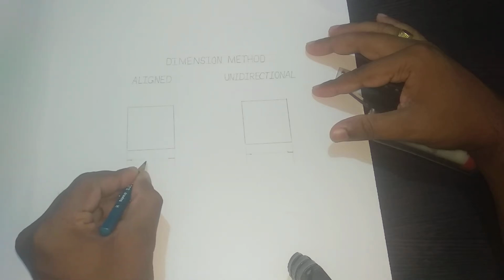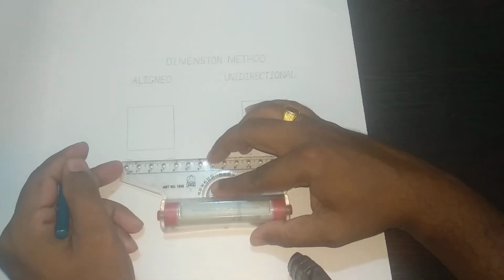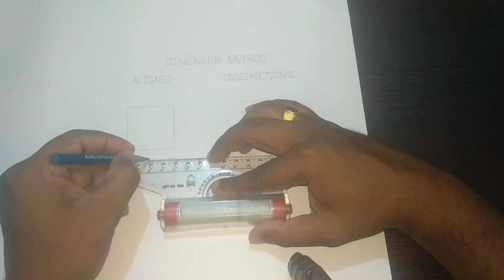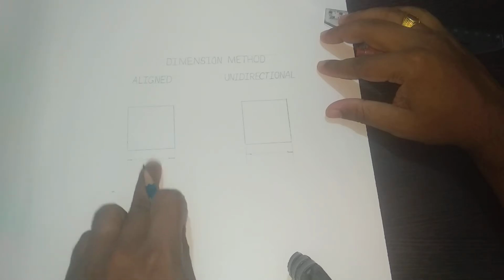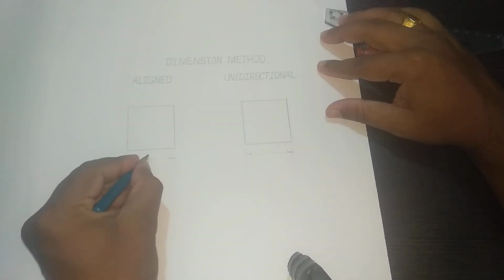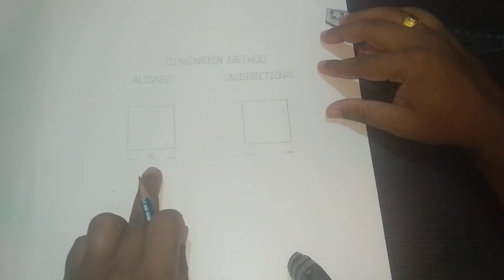So we have to write the dimension above this particular dimension line, but first of all we have to find its center. Here it is 40, so I will take 20 here. This is the center of that dimension line. So above the center I have to write 40, whatever the dimension. We have to write like this only.